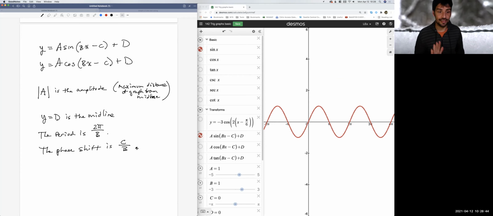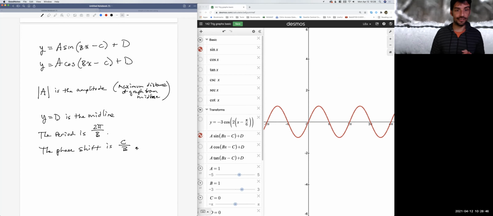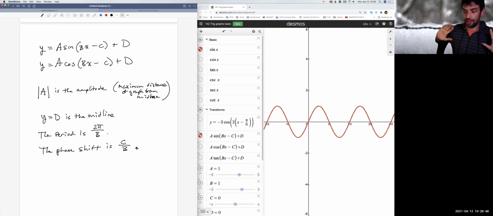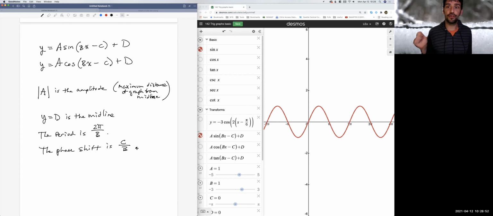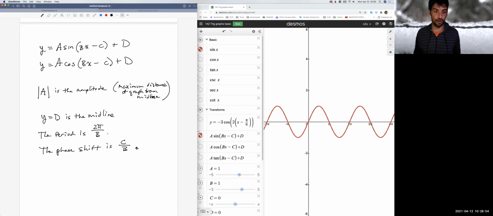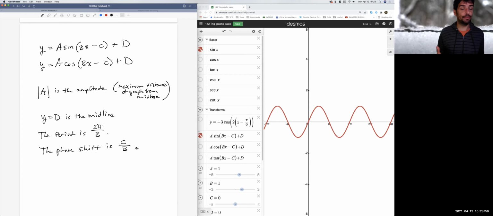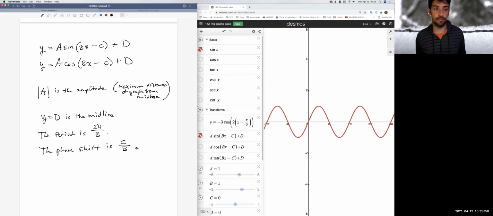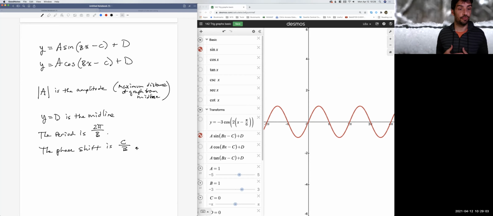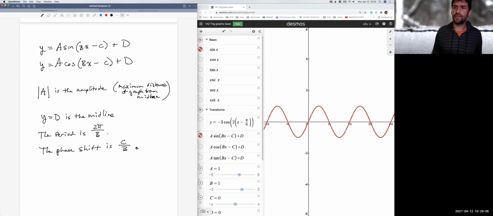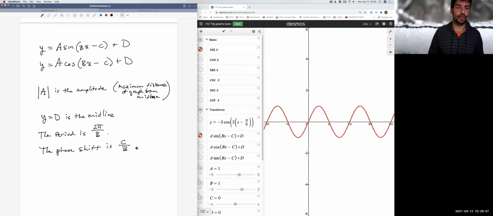One last thing I'll say, this can get confusing and it takes a little while to get used to these. There's never any shame in just plugging in some values and plotting some points, right? It is a perfect way to learn what these do. When you're starting to experiment with these graphs and you see something like y equals 2 sine of 3x minus 4, try to think about what that might do to the graph and maybe even make a quick sketch.